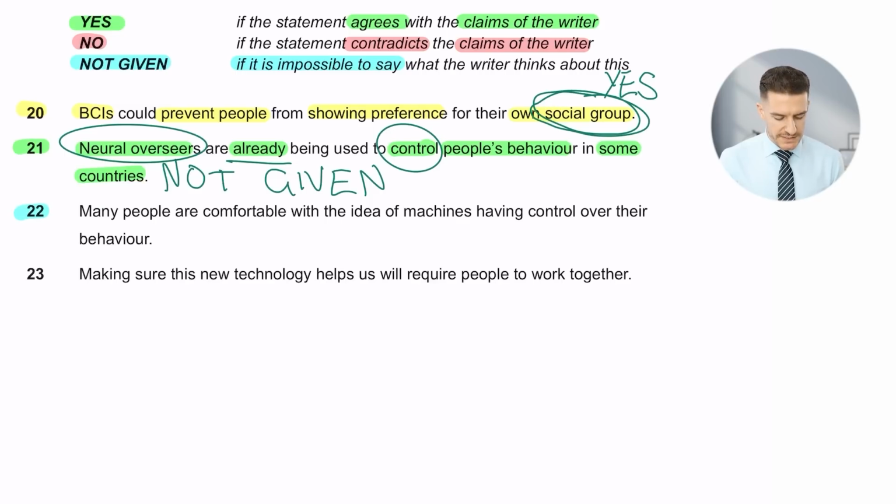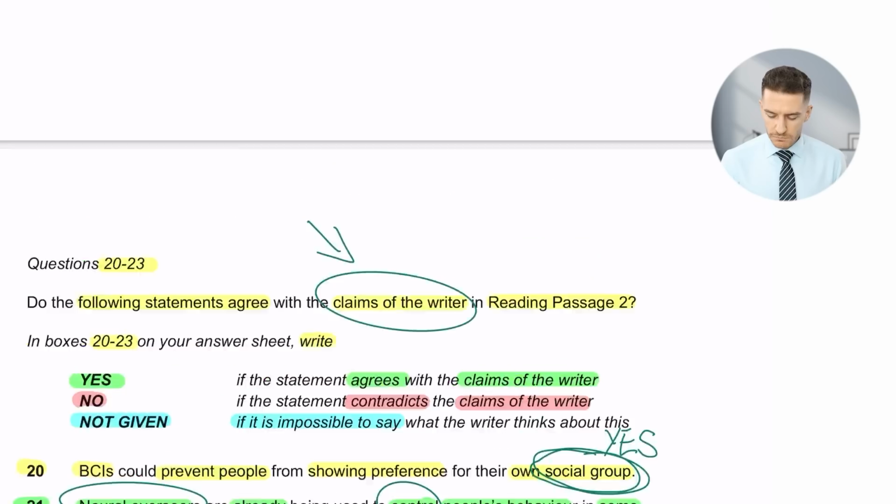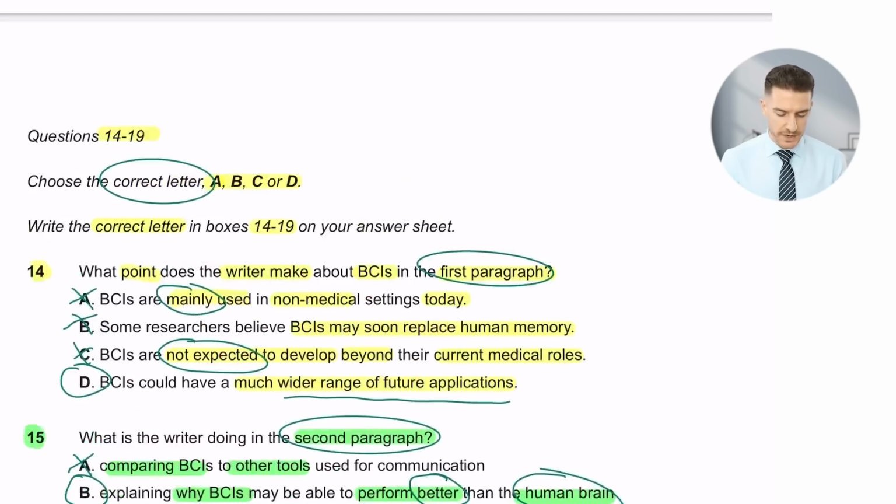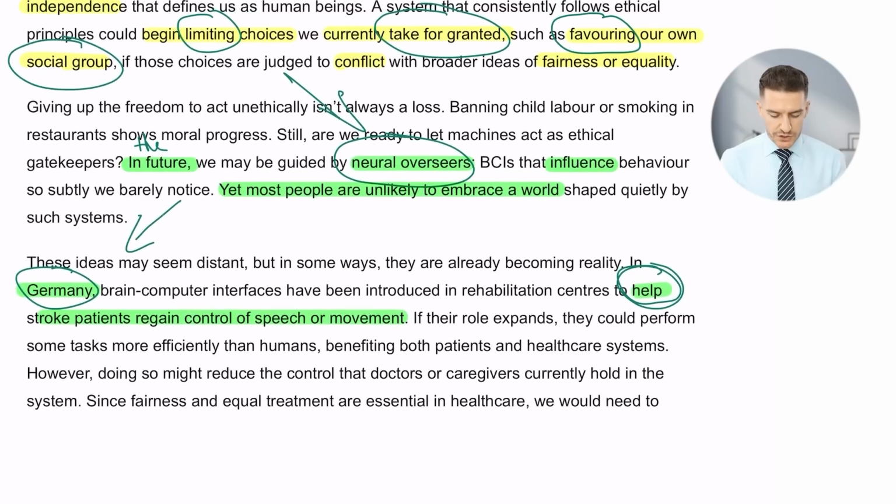Now, 22 says, many people are comfortable with the idea of machines having control over their behavior. Well, I believe I remember seeing something about this. But yeah, just back to the keywords. Okay, many people having control over their behavior. So let's go back up and we'll see if we can find where that was located. So we'll start here from where we found the neural overseers.